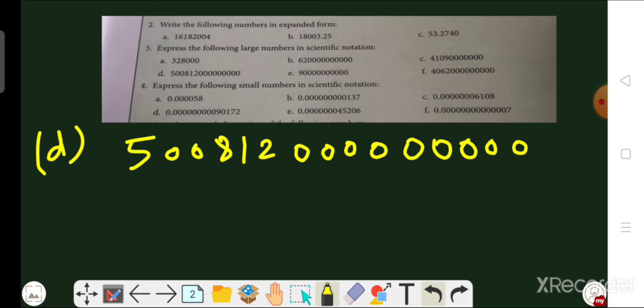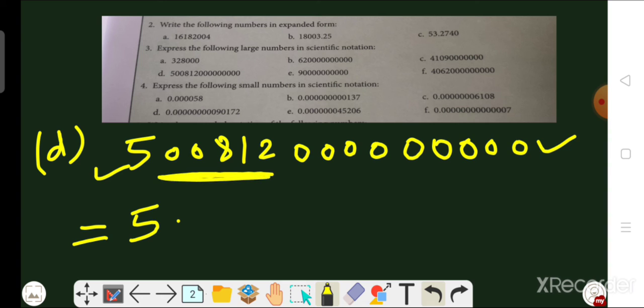Okay, to represent this number into scientific notation, the simple method is just write the first left one digit here. Okay, and put the decimal sign. After that, look at there, is there any non-zero digit or not? In this example, we have 8 1 2 as the non-zero digits.